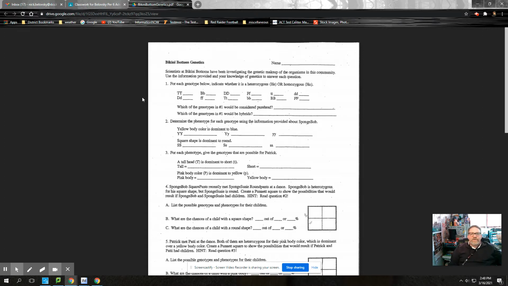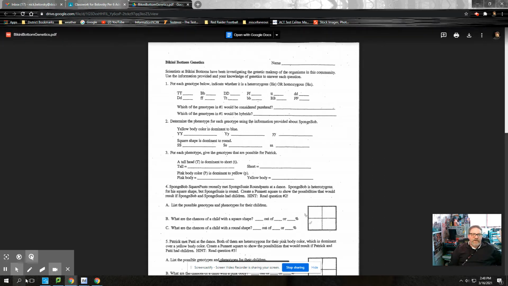Okay. Determine the phenotype for each genotype using the information about SpongeBob. So this is information about SpongeBob right here. He has a yellow body color, which is dominant to blue. So apparently in this place where they live, yellow is dominant over blue when it comes to body color.